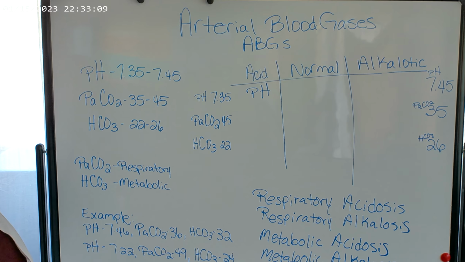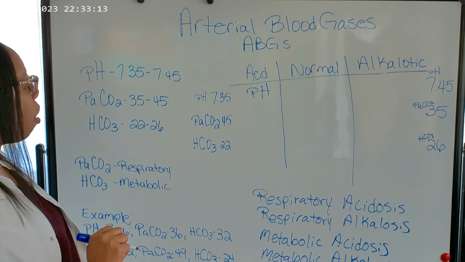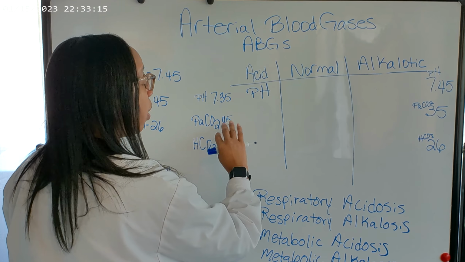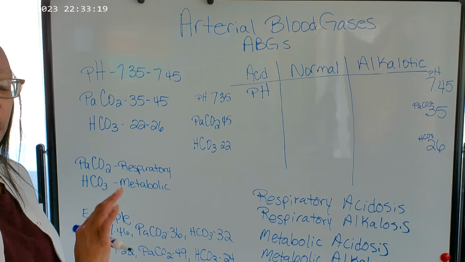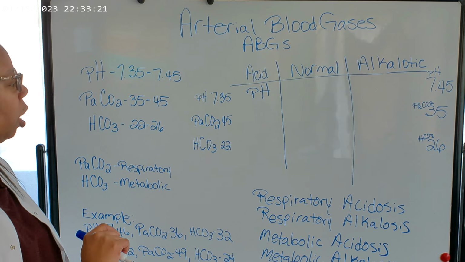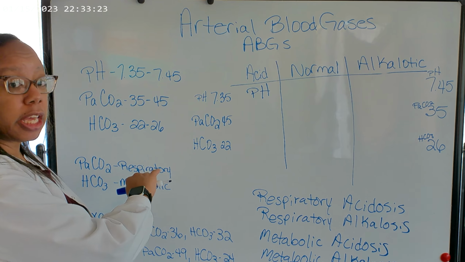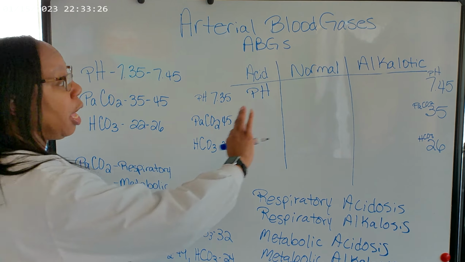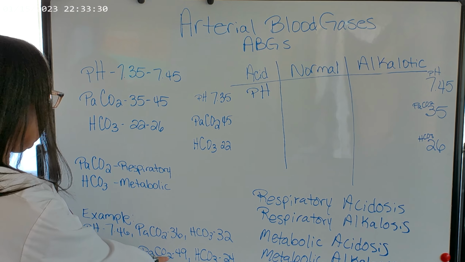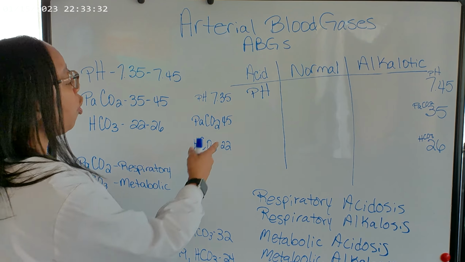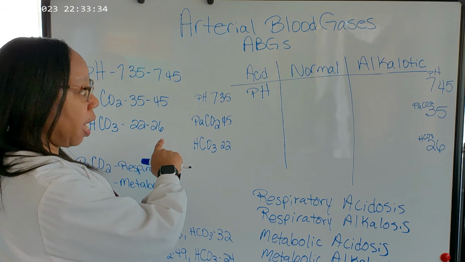Okay? Our PaCO2 of 49. We have the range here as 45 to 35, but anything within that range is normal. Above 45 is acidic, and below 35 is alkalotic. Our PaCO2 is 49, which is higher than 45.